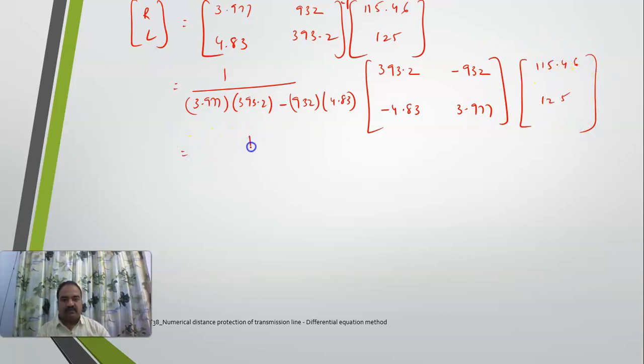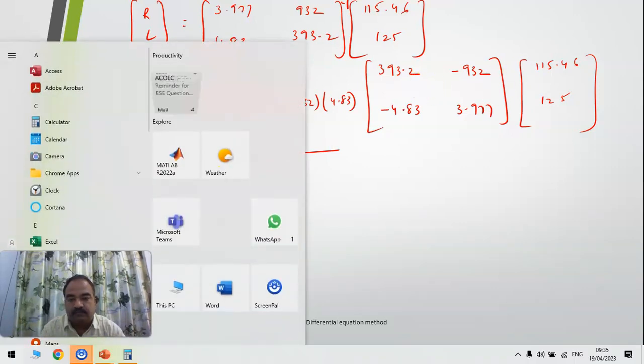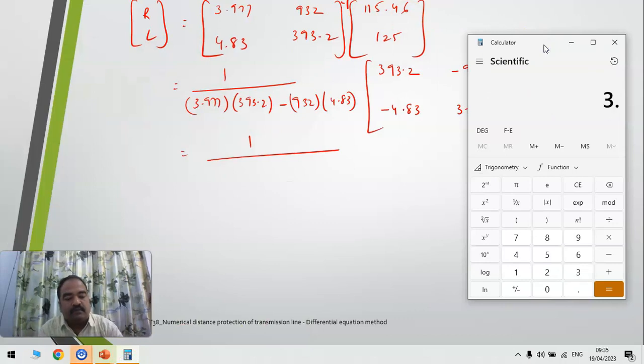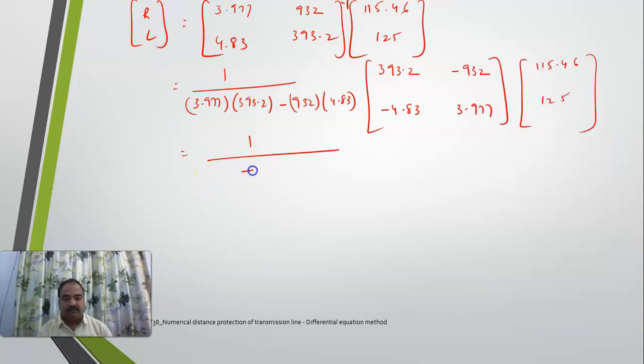So if I do this one, I will be getting 3.977 into 393.2 minus 932 into 4.83. It is minus 2937 point something, right?